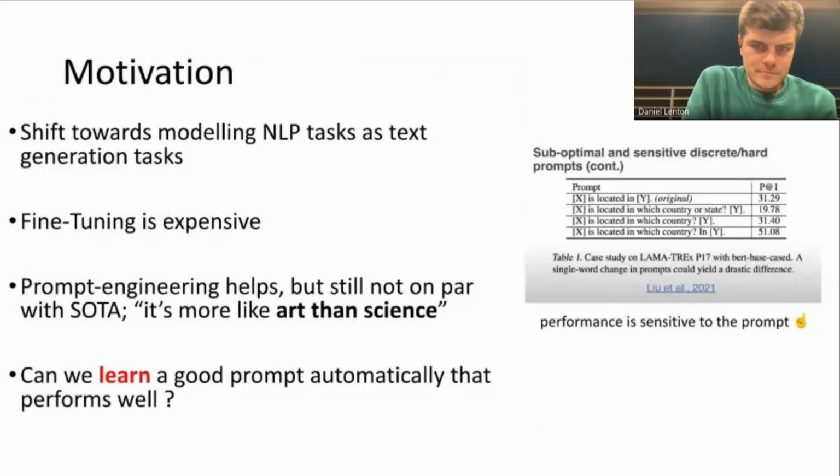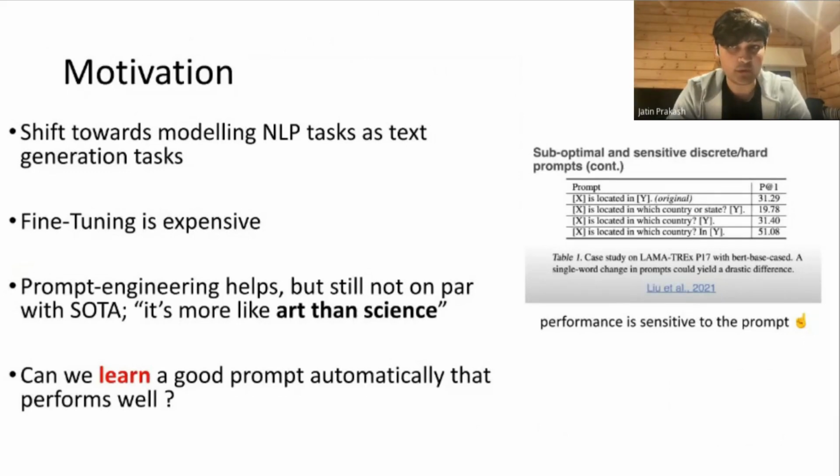Okay. So I just want to quickly motivate prompt tuning first. There has been a shift towards modeling NLP tasks as text generation tasks, which means that we can have a single general model for all our needs. And by changing the prompt, we can query the model for different tasks. So people have come up with various handcrafted prompts for different tasks.